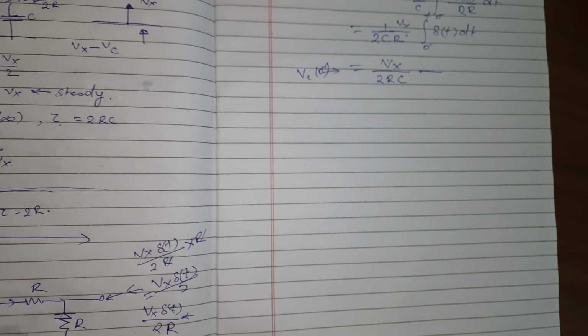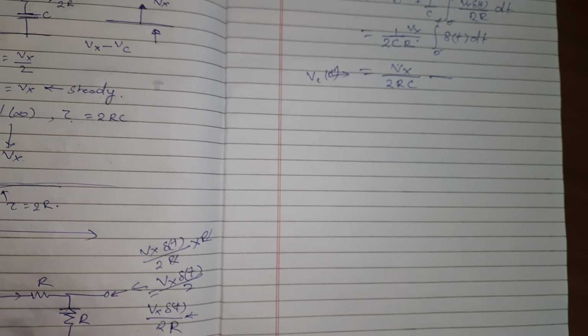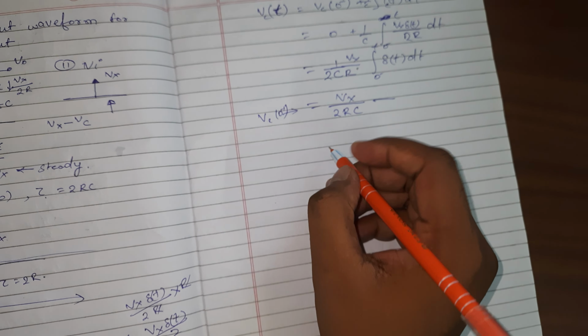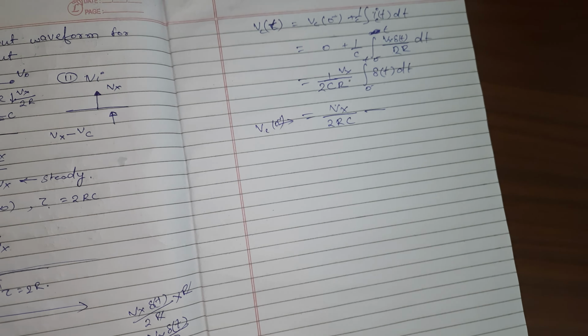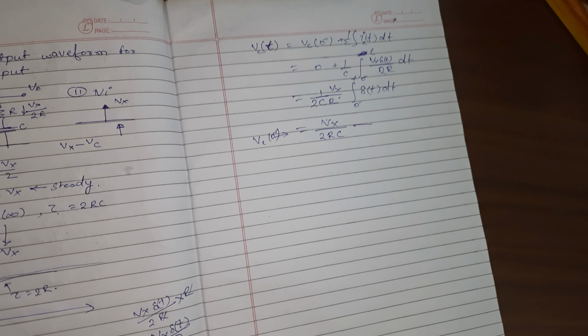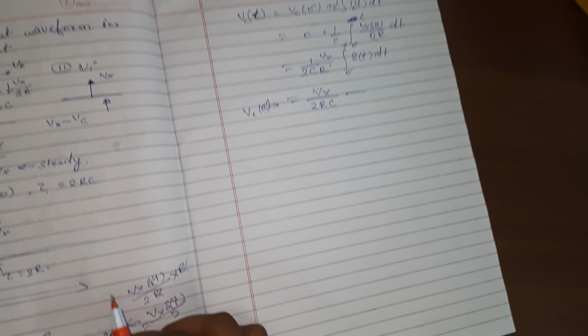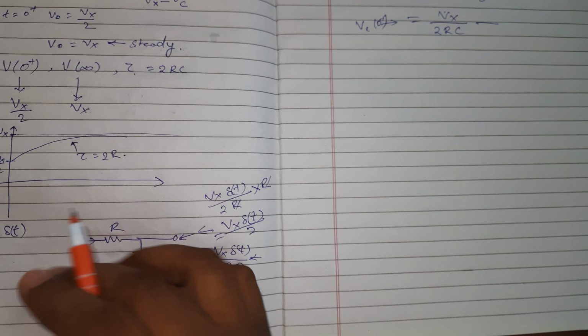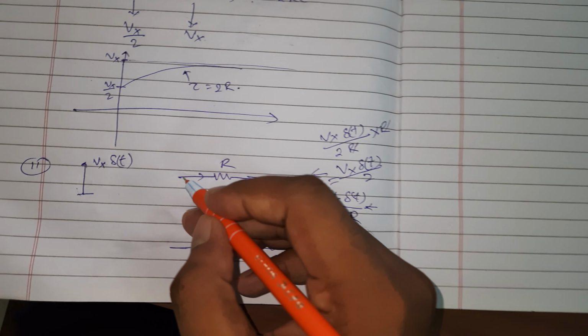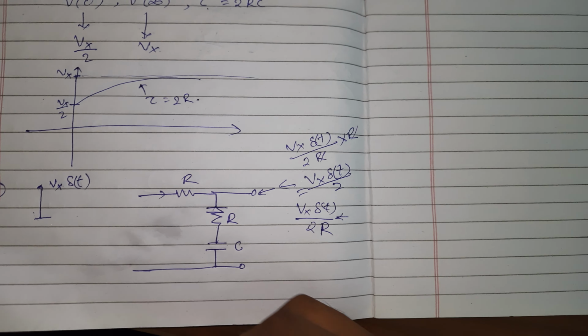As there will not be any input source after t equals 0 plus, the voltage across this capacitor will be Vx by 2RC. At that moment there will not be any voltage source, so these terminals will be short circuited.